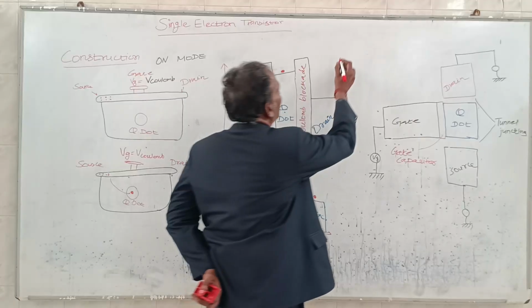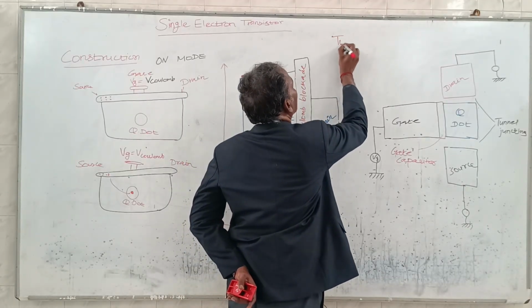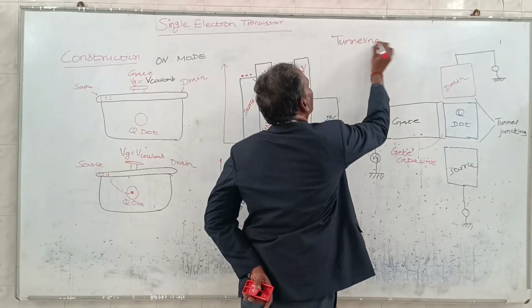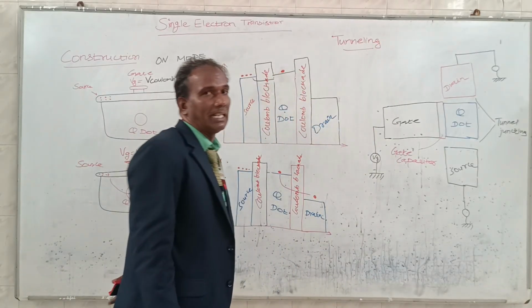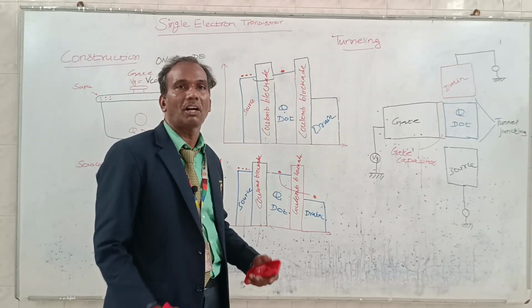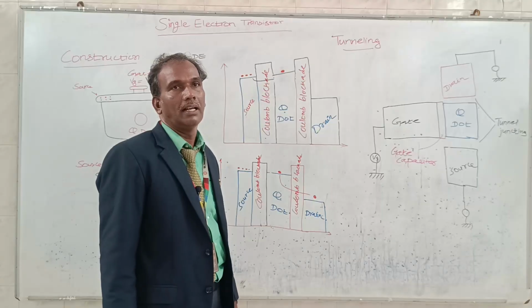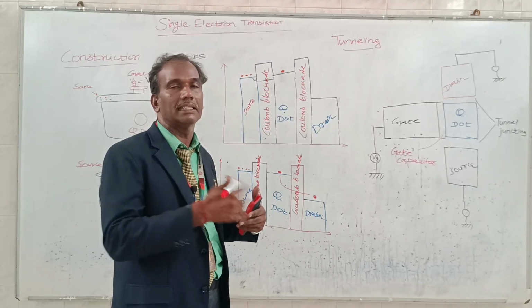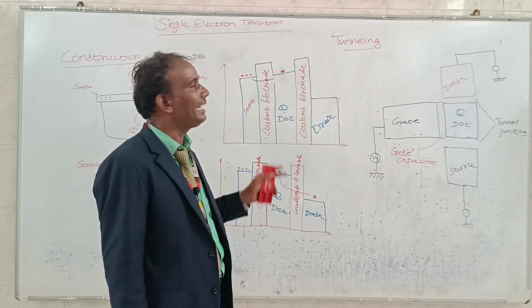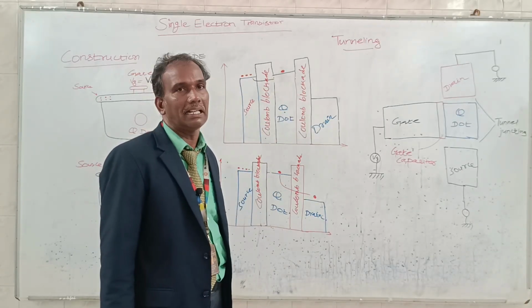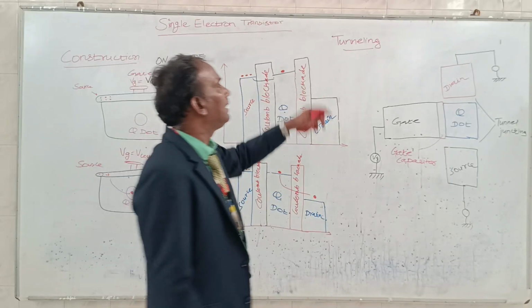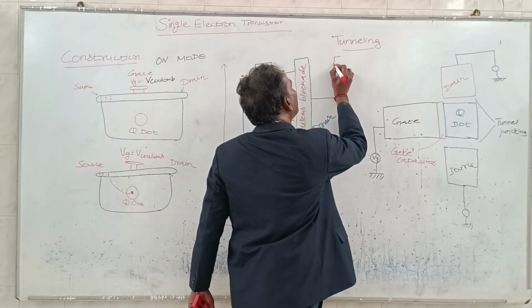As we discussed earlier, tunneling is a phenomenon in which a material particle like an electron, whenever it faces an energy barrier in the electronic structure, suddenly penetrates it. It's called tunneling.